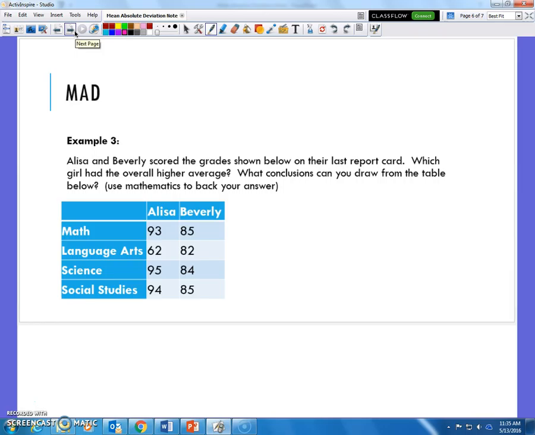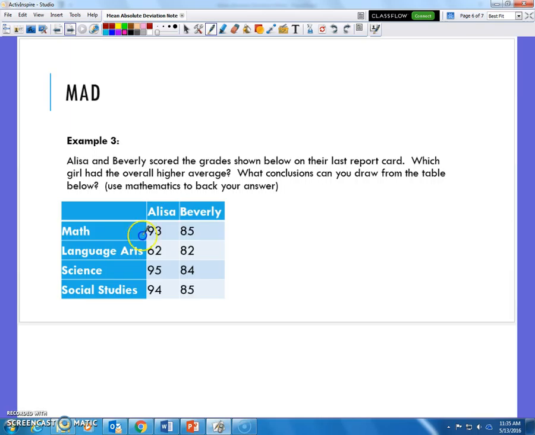Looks like we got another example here, and these are taking a long time to do, so this might be our last one. It says Lisa and Beverly scored the grades shown below in their last report card. Which girl had the overall higher average, and what conclusions can you draw from the table below? Use mathematics to justify your answer. So first we're going to find the mean of each of these girls.